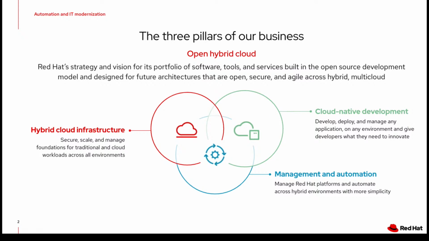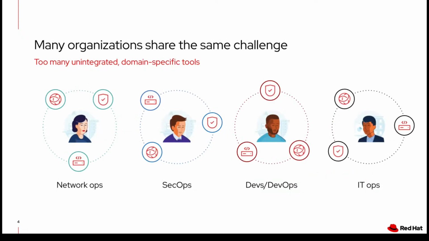We know that nobody is using just Red Hat's stack within their environment. There needs to be a single language or a single platform that can automate across all of these different platforms and use cases. And we know that, as tech gets more and more complicated, there is obviously a need to be able to automate specific tasks.